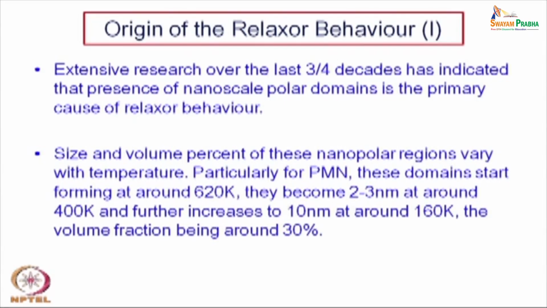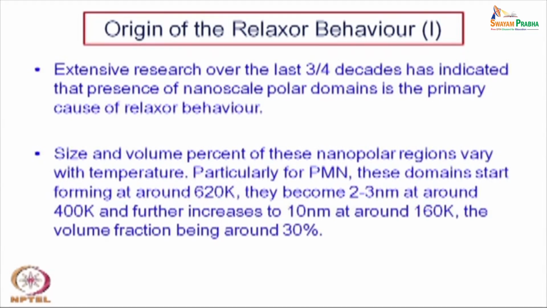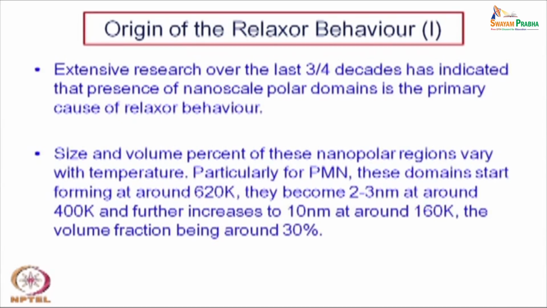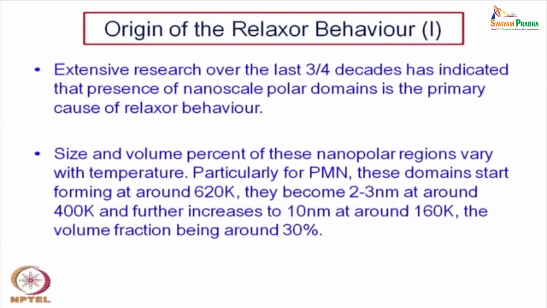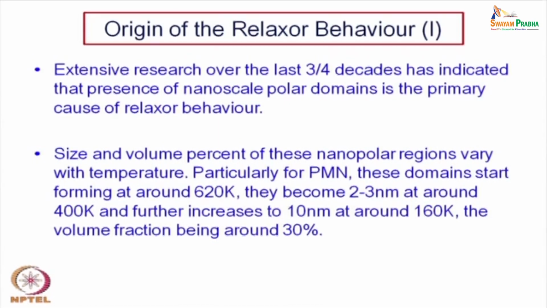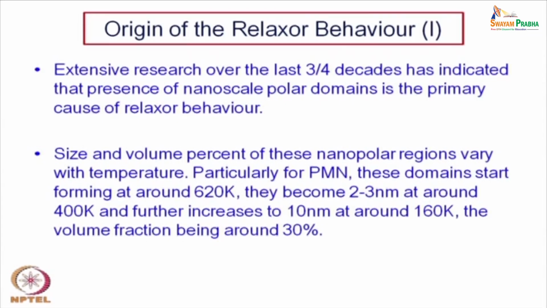That is one of the reasons why there is a broad peak instead of a sharp peak. In a normal ferroelectric, the sharp peak arises from the single relaxation time. So, these structures are much more ordered, and they have a larger domain size.